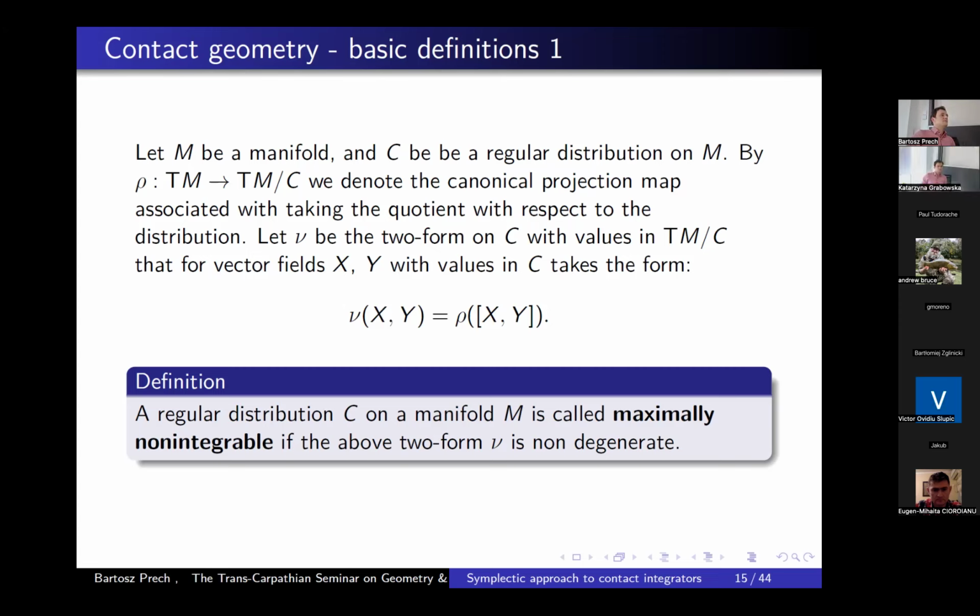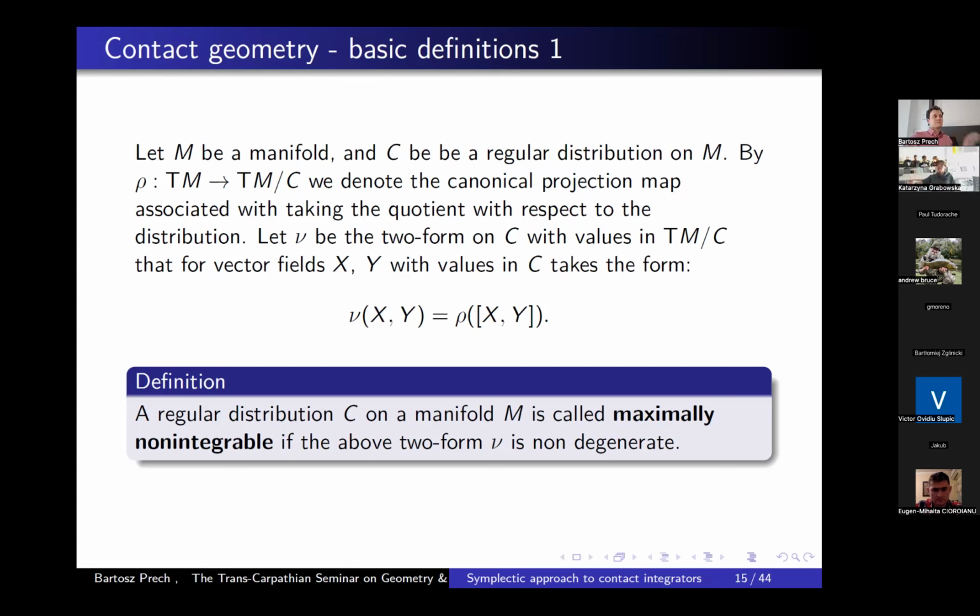But something is wrong with your definition. Do you assume that C is of even dimension or not? A priori, of course, C could be of arbitrary rank. But I think this is included in the definition of a contact manifold.